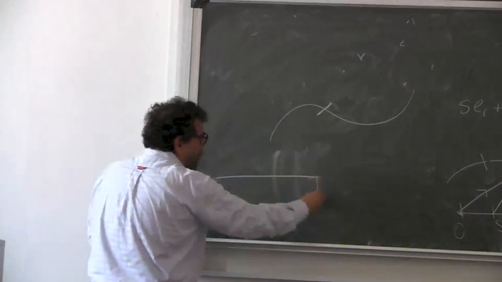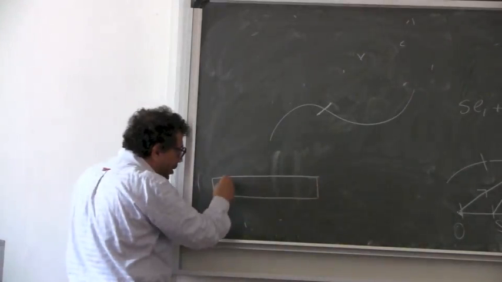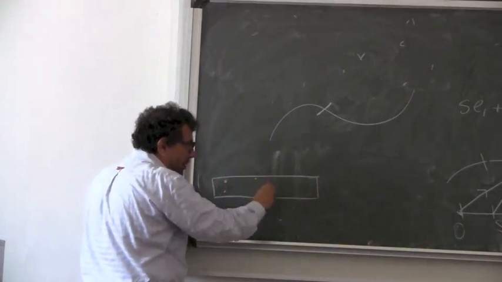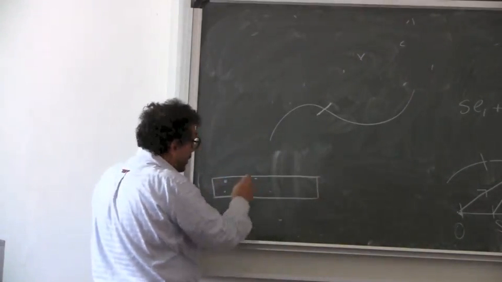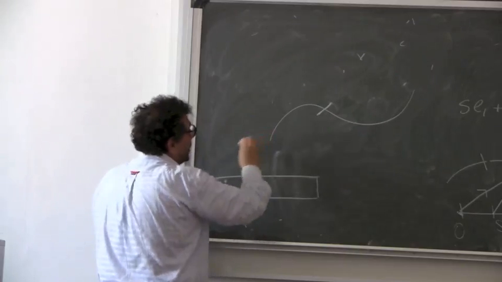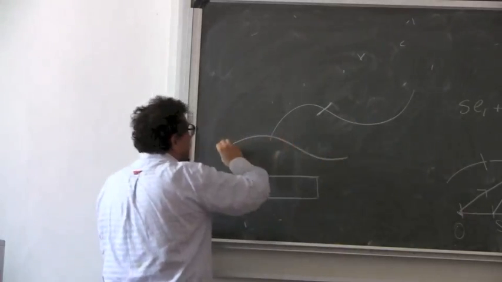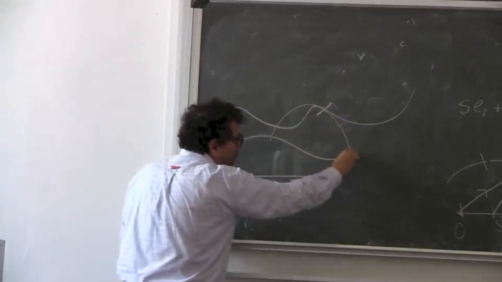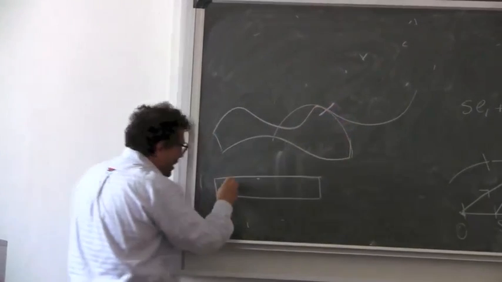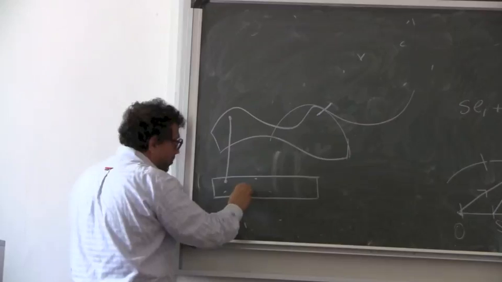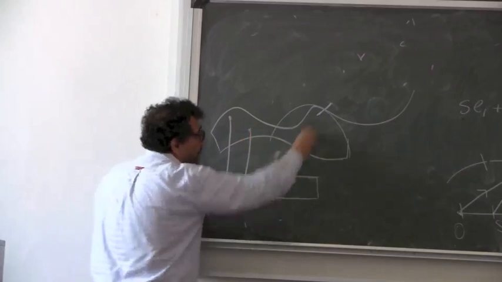Instead of being obliged to follow every point in your cylinder, to say that the shape of the cylinder is maybe this one. Okay, so this point is here, this point is here, this point is there.